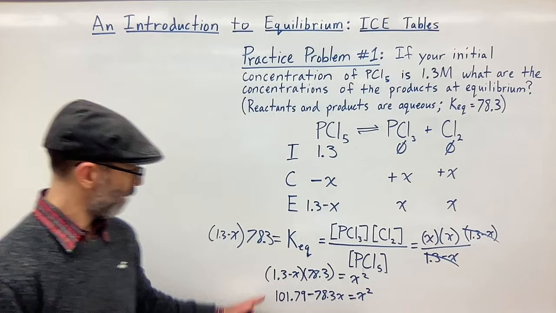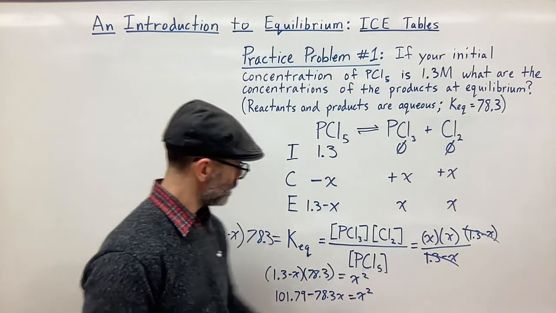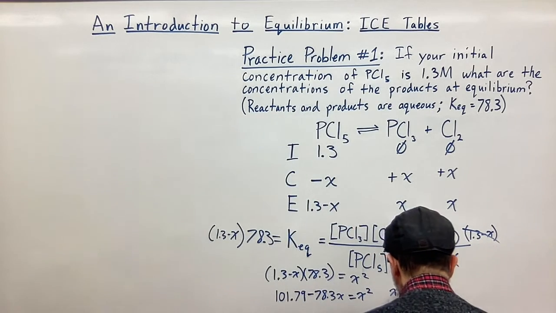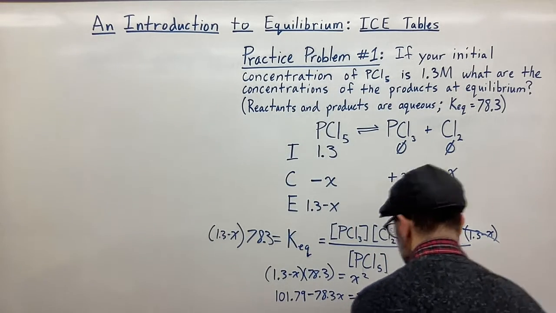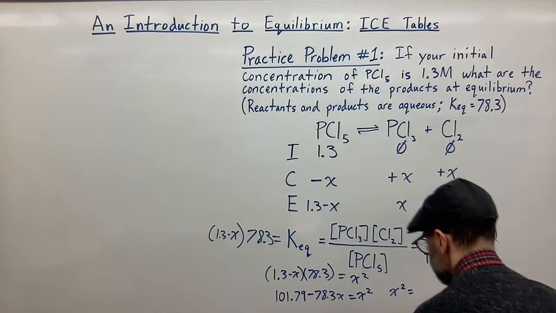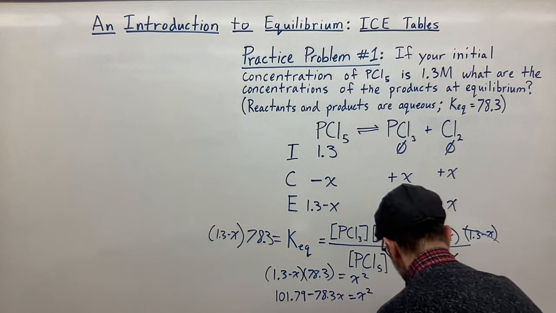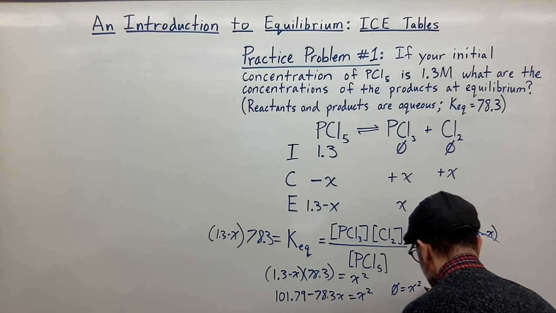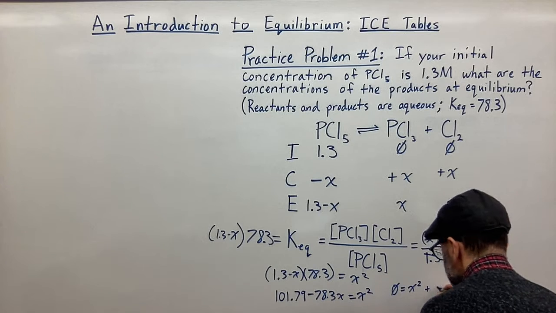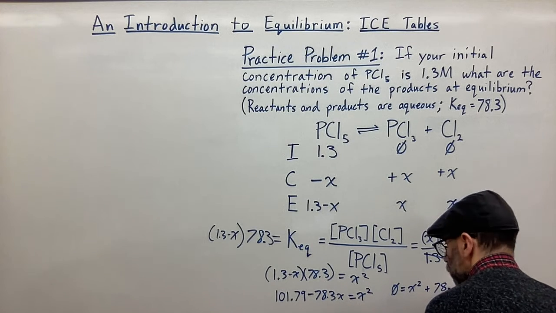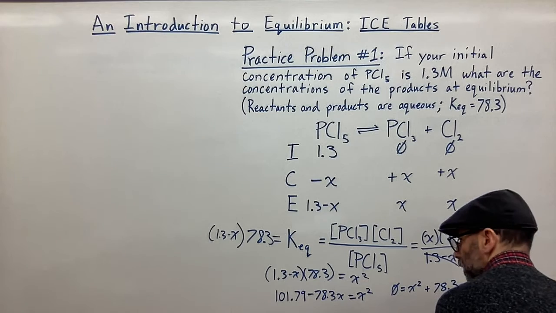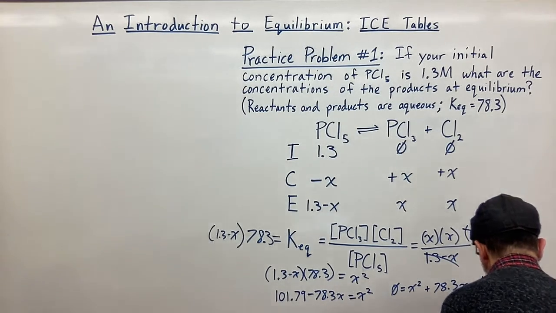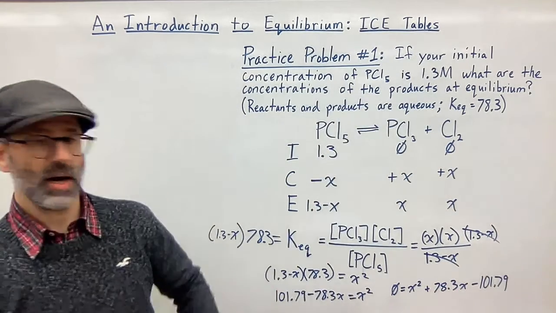And now I bring everything over to this side, and so I'll end up with 0 is equal to x squared plus 78.3x minus 101.79.